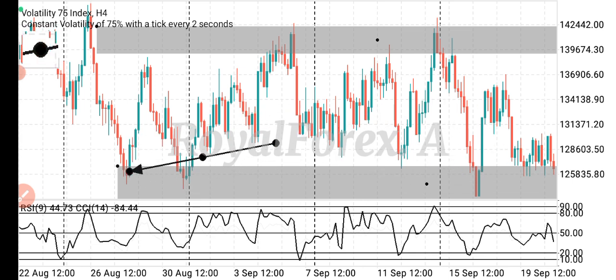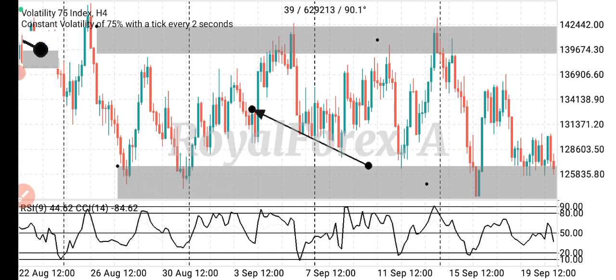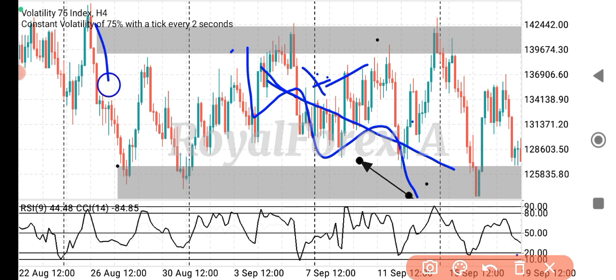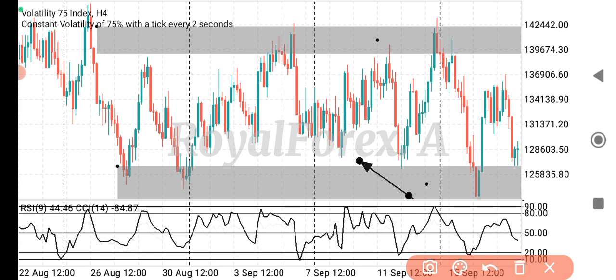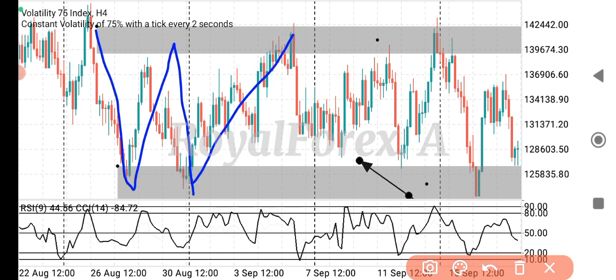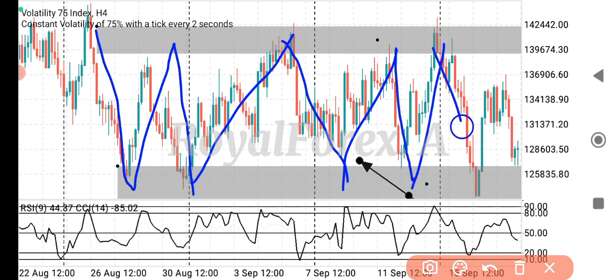So you can see here now, price came from that resistance, came back. The second time, price went back to this resistance, and price came down, went there, came to this support, went to this resistance, came down again, went back to the resistance, came back to the support, to the resistance, to the support.